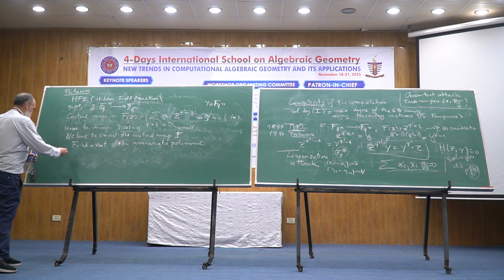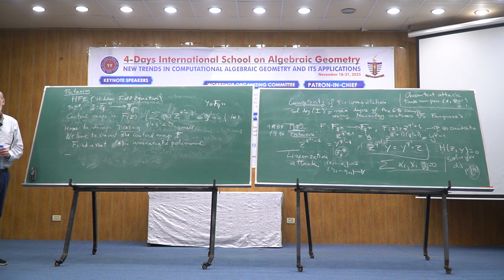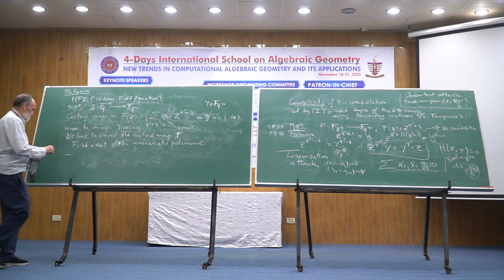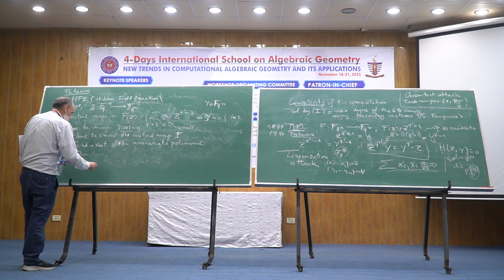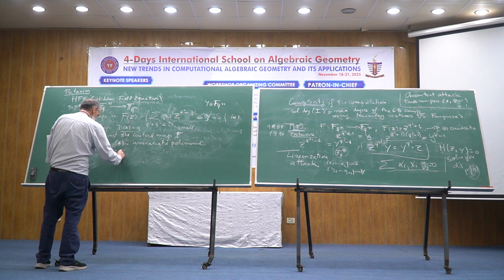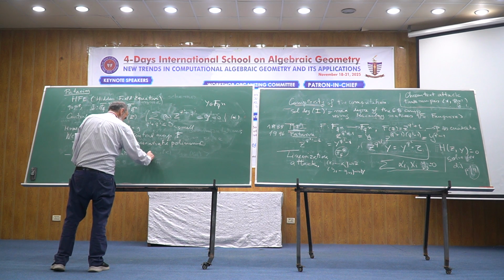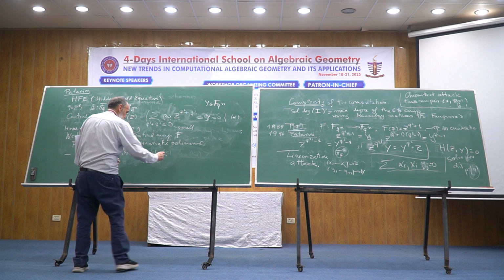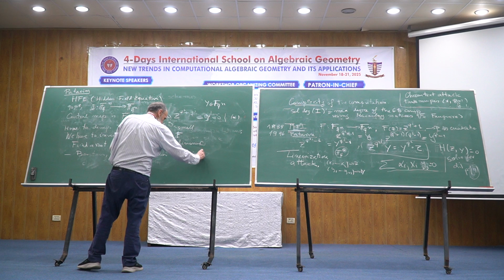In computer algebra, the main algorithms for factoring a polynomial in one variable are, for instance, Berlekamp's algorithm and Cantor-Zassenhaus.